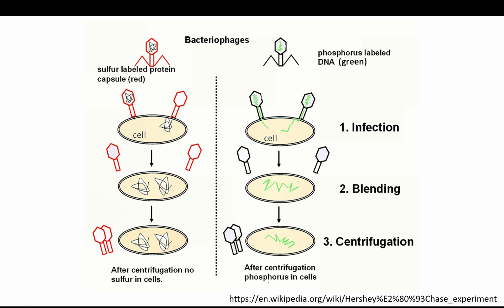radio-labeled. They incubated both types of bacteriophages with cells for infection, and after infection they blended the solution so that the protein coat and the cells are separated, and centrifuged it. After centrifugation they found that there is no radio-labeled sulfur in the cells.